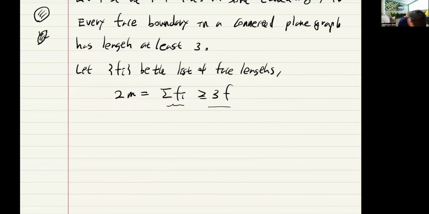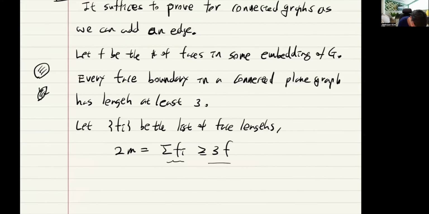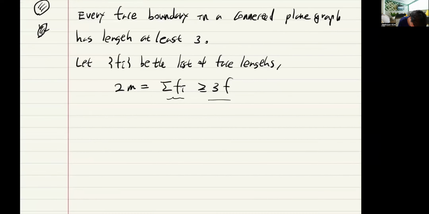And what do we have? From Euler's formula, n minus m plus F is 2, so n vertices, m edges, F faces is 2. Sorry, so where was I?